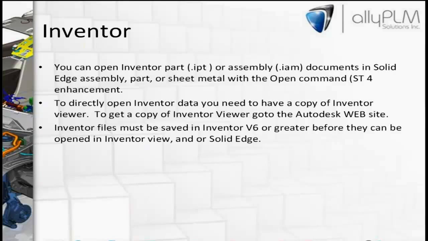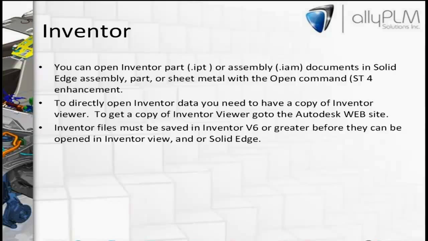Now, as far as Inventor, you can directly open Inventor part or assembly documents inside of Solid Edge, whether assembly, part, sheet metal, whatever environment you need, just by using Open. That's something new with ST4: now you can directly open Inventor part files.